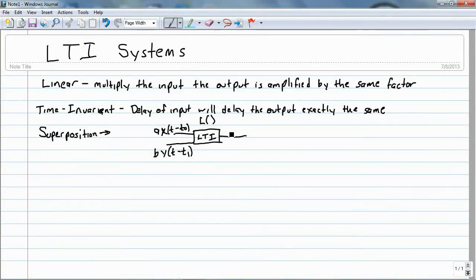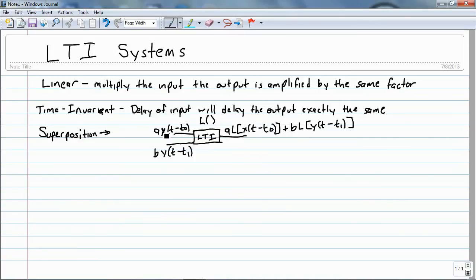Then using superposition, it basically tells me that my output would look something like a L of x of t minus t naught plus b L of y of t minus t1, and that's what my output would look like.